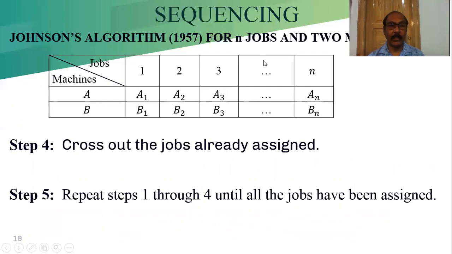The job which we already arranged should be crossed out, or we can remove it from the table. So we can repeat the process for the rest of the jobs. The column with respect to that job should be crossed out, or we can block it, and from the rest of the jobs we repeat steps 1 to 4, and we will get the reduced table.